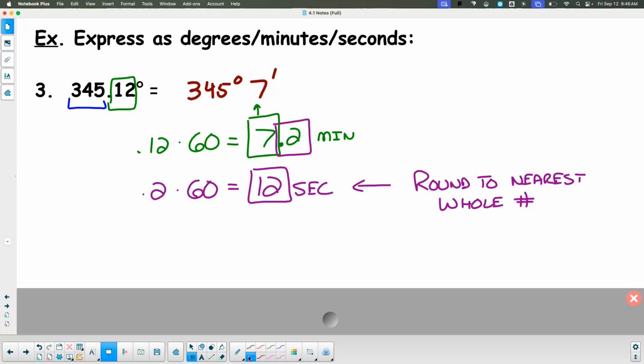But when we get down to seconds, we can just round that to the nearest whole number. So this then is 12 seconds. So 345.12 degrees is also 345 degrees, 7 minutes, 12 seconds. Okay?